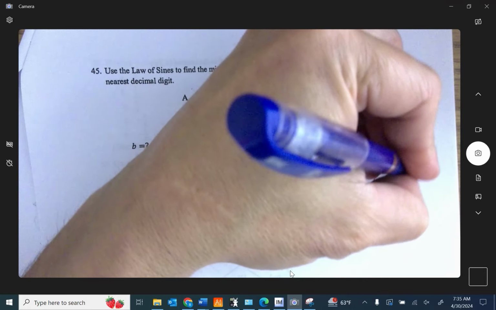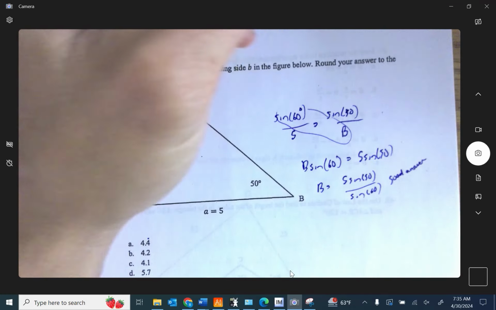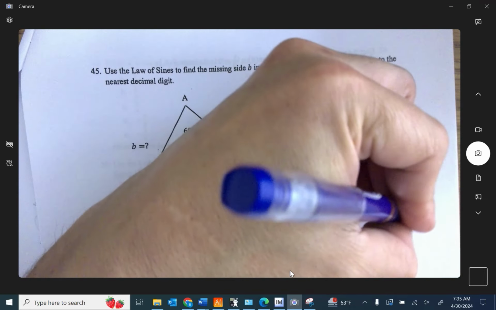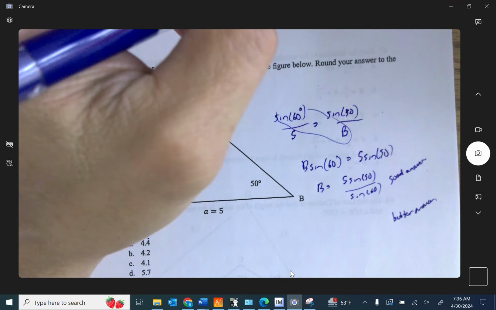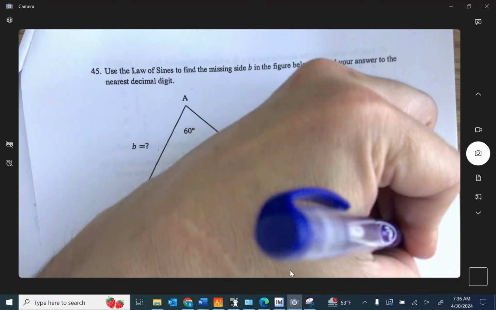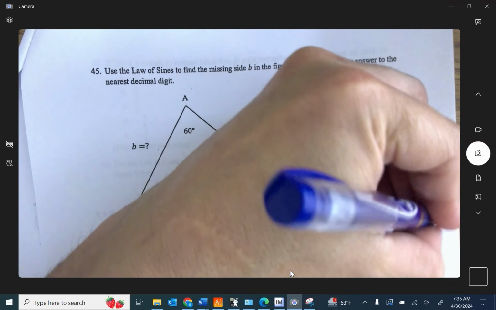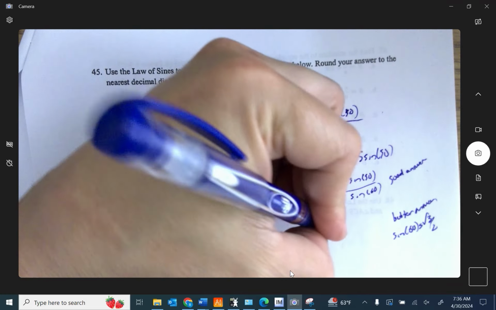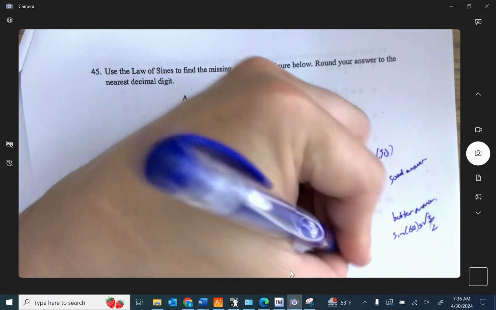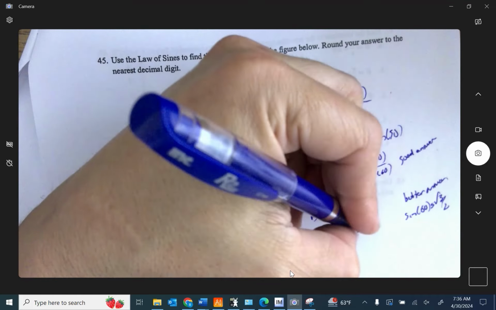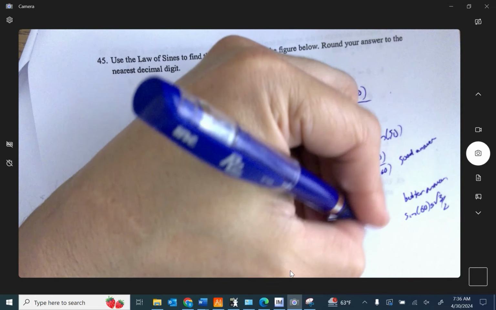Now, this is a good answer. A better answer: I know what the sine of 60 degrees is. Sine of 60 is root 3 over 2. So B is going to be 5 sine of 50 divided by root 3 over 2. I'm going to flip.